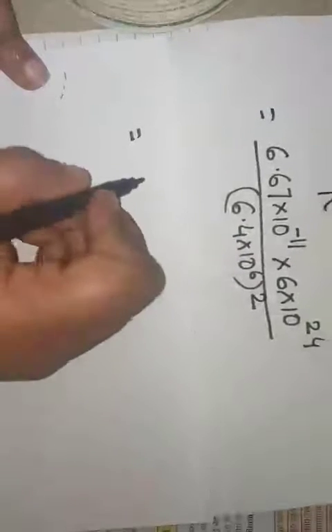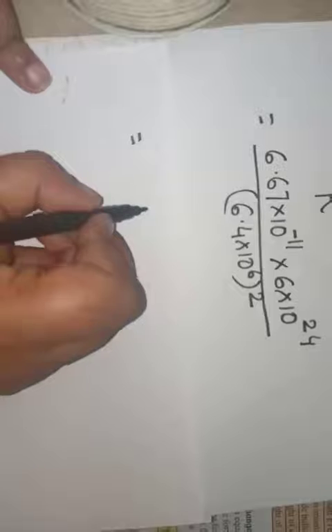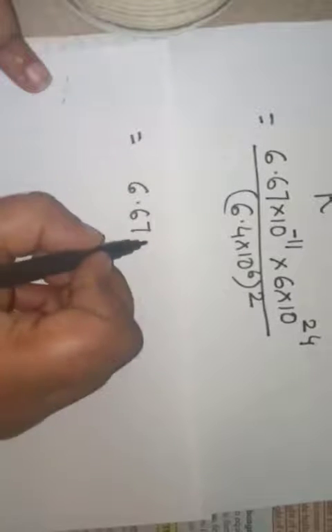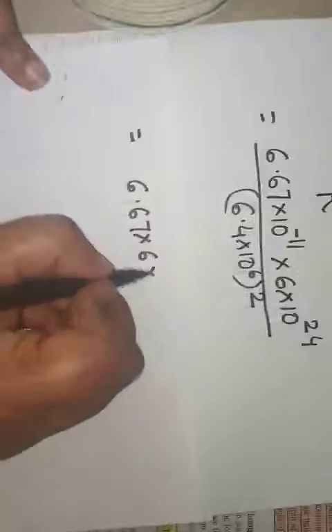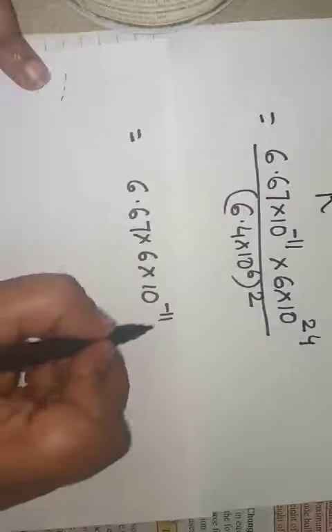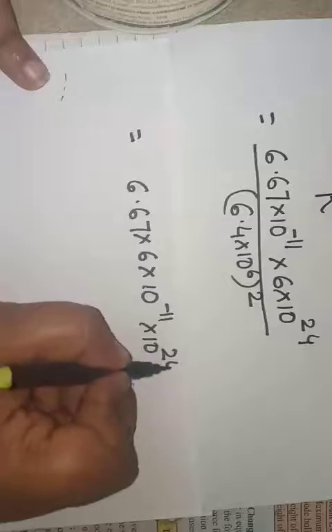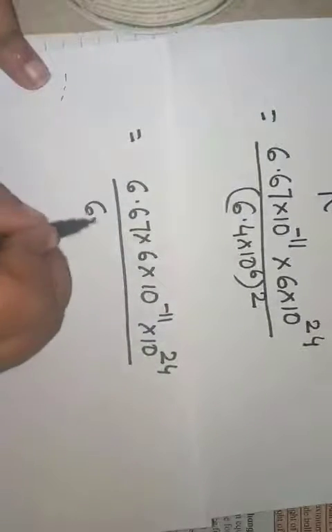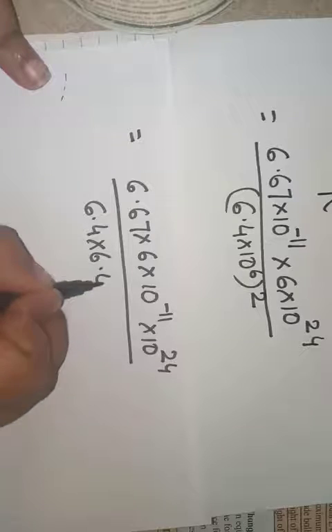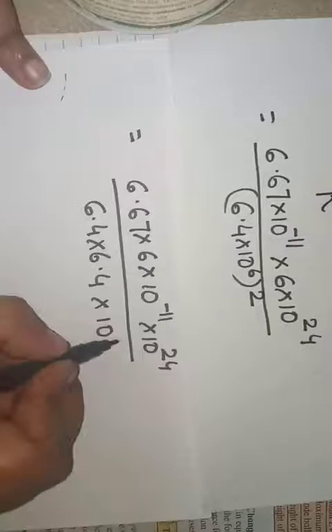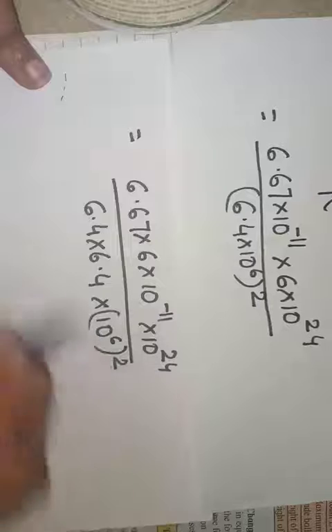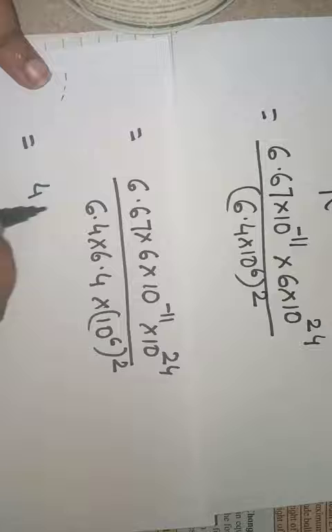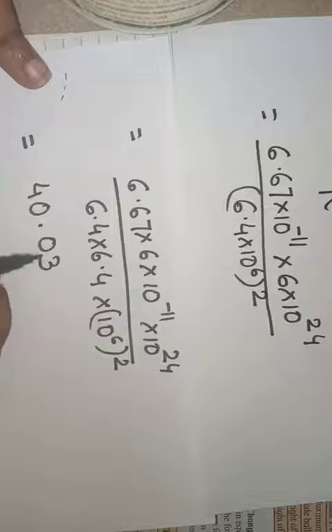This can be written as 6.67 into 6 into 10 raised to minus 11 into 10 raised to 24, bringing the indices together, upon 6.4 into 6.4 into 10 raised to 12.